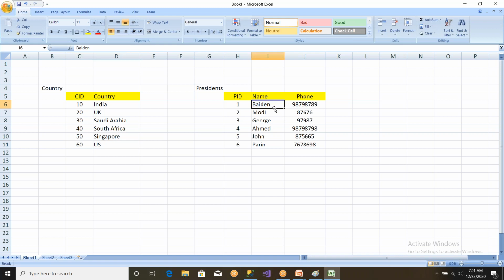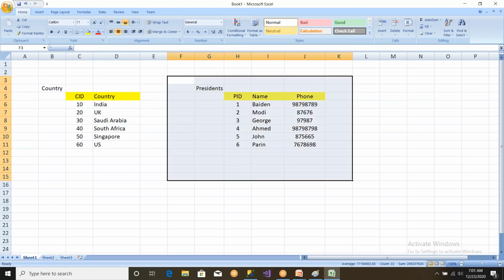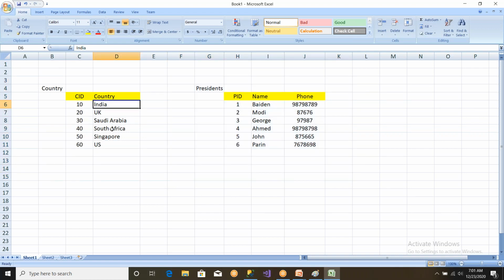If you know news or general knowledge, then you can say. But even though you have the data in front of you, you will not be able to tell who's the president for India, Sudan, South Africa, or Singapore. You don't have any clue.